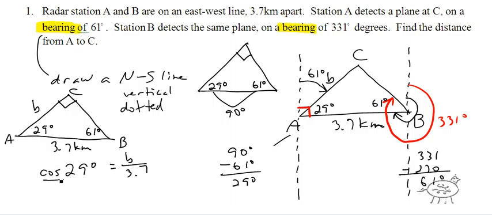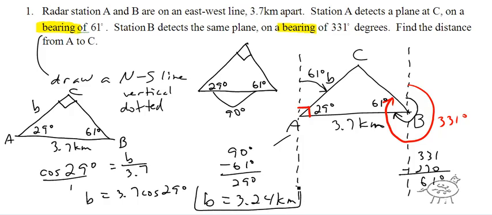Okay, and then I cross multiply, and that actually is pretty nice. I get b is equal to 3.7 cosine of 29 degrees. So b comes out to be 3.24, and don't forget your units. And so that is the answer to that problem, 3.24 kilometers.